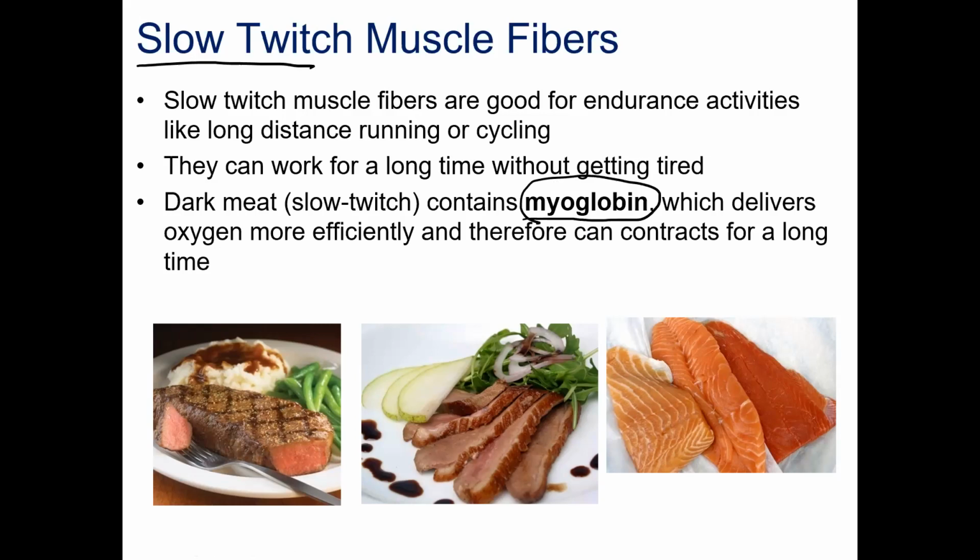Your postural muscles, the muscles at your back, right? Those are going to contain a high percentage of slow twitch fibers. So these tend to be the dark meat. If you think about the beef, for example, like the cows, they can stand there all day and not get tired. That's a lot of slow twitch fibers.